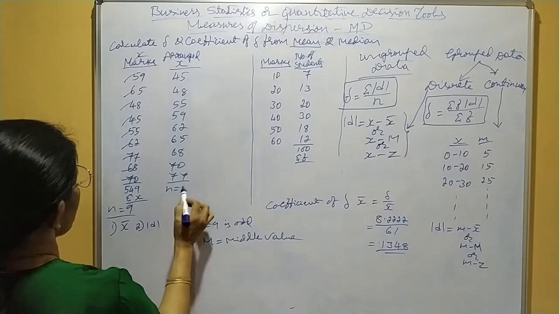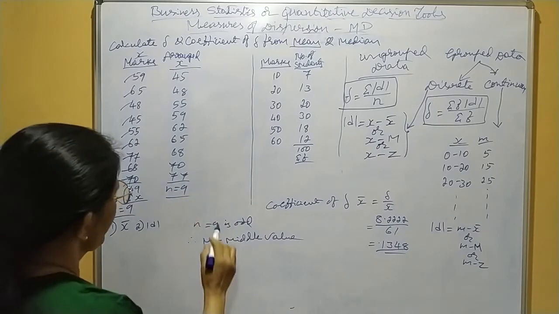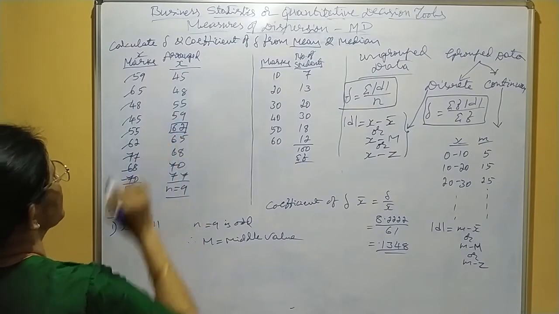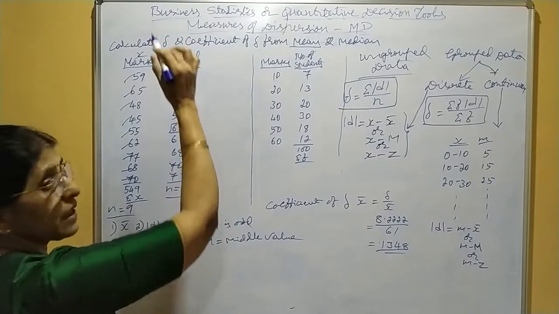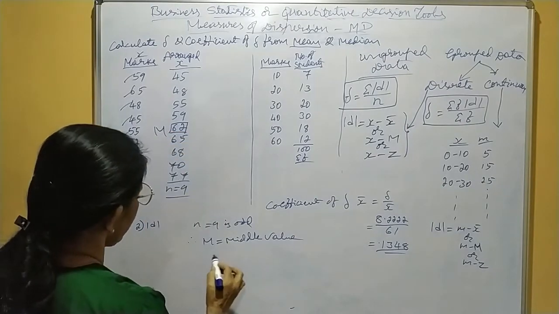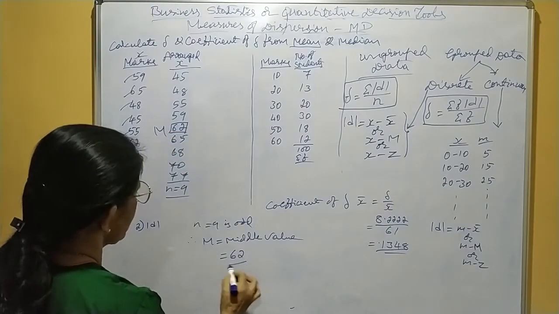Okay. N equals 9. Now, m equals middle value. Middle value means which one? 62. 4 values remain above, 4 values remain below. This is nothing but m equals 62.